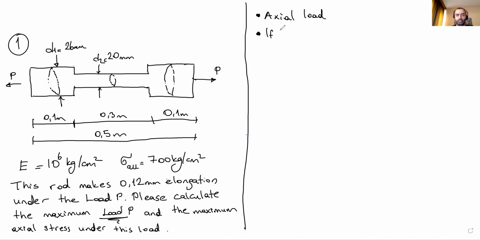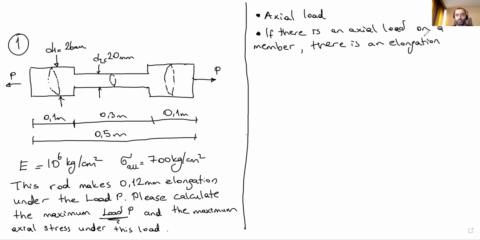We talk about these rules. So what was the elongation equation? Let's say the elongation is delta equals P times L, the length of the member, over E times A.